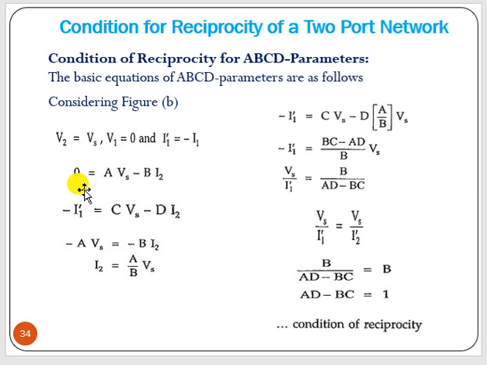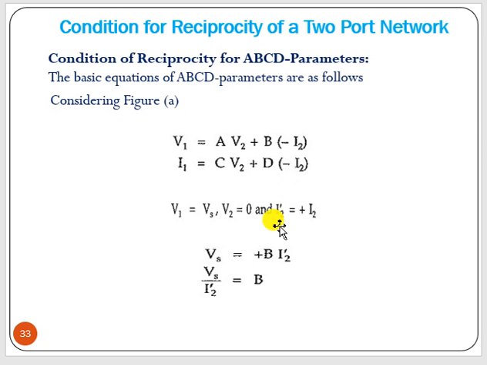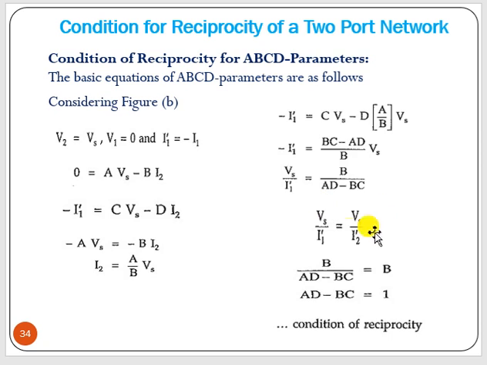Then that will be 0 equals Vs minus B I2, and another expression we got. Now we can find the I2 value from this equation and put it into the first equation. If we solve, we will get this expression. Now if we equate Vs by I1 dash equal to Vs by I2 dash, then we will get AD minus BC equal to 1. So this is the condition of reciprocity of the ABCD parameters.